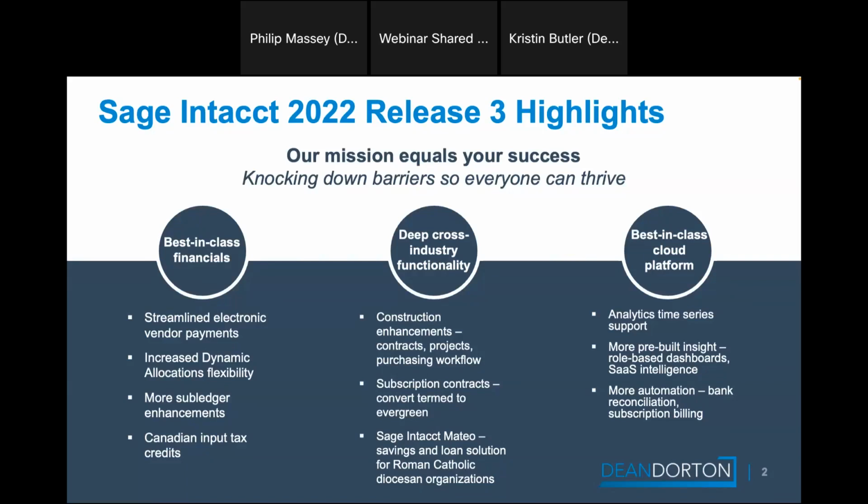And then there's some things like pre-built dashboards, role-based dashboards, a new SaaS Intelligence module for software and SaaS-based organizations, probably going to start taking the place of the previous SaaS dashboard module that was within the Intacct solution. So it's got some really nice features to it.